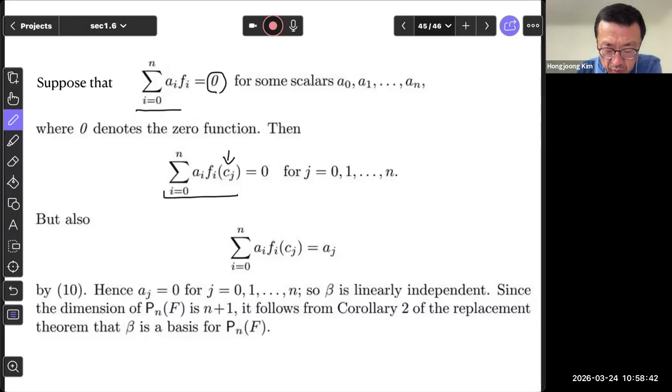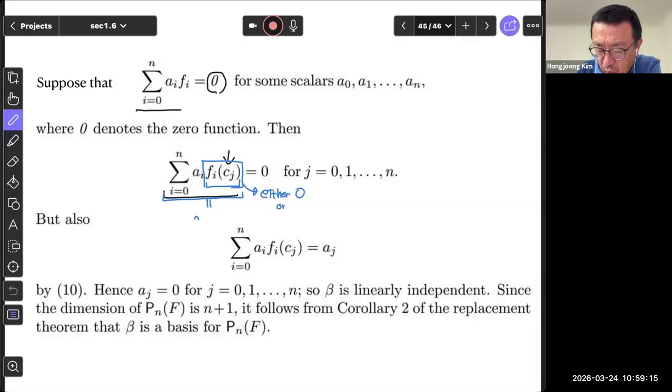Now, let us look at this expression. This is the sum of certain values. So I can rewrite this as, okay, when I look at this f_i of C sub j, this value will be either 0 or 1, right?